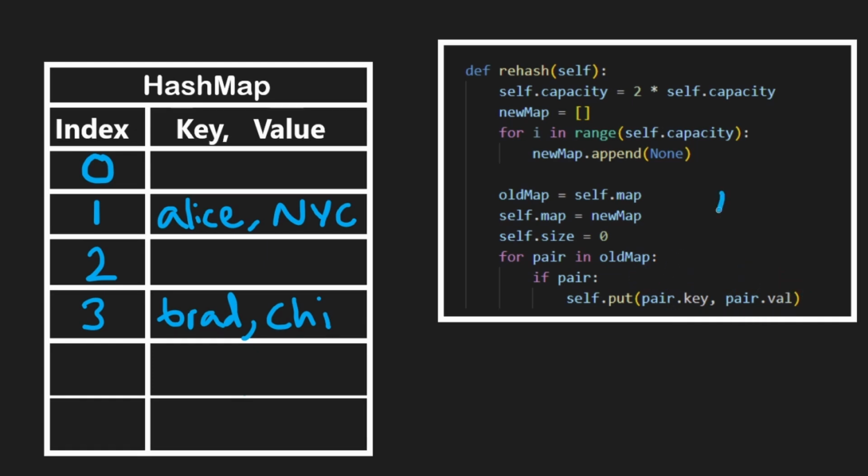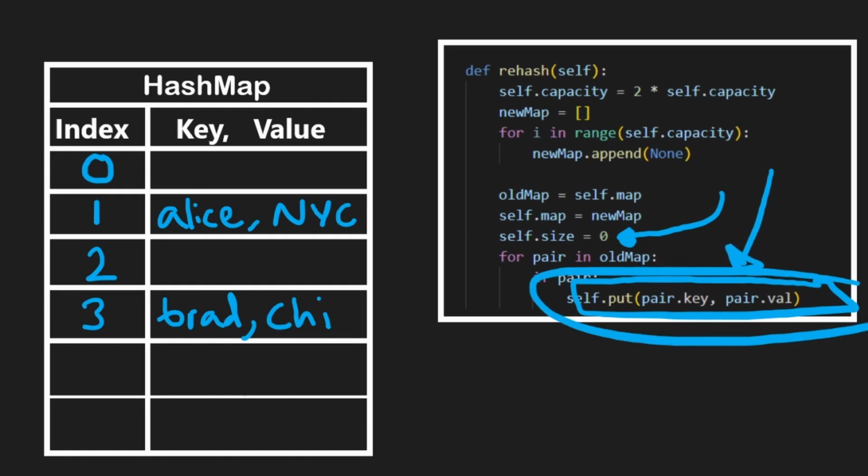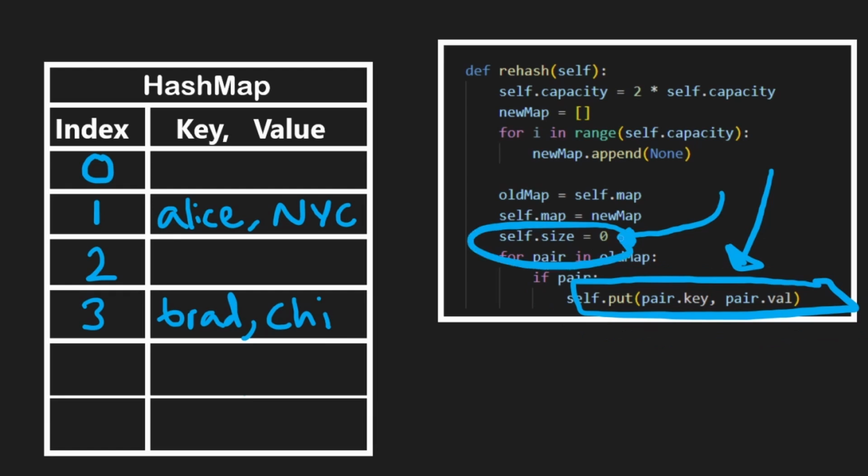The reason we reset the size to be 0 is because we know internally this put function is going to be incrementing the size by 1 each time anyway. So that will give us the correct size. So that's why we reset this to 0 here.